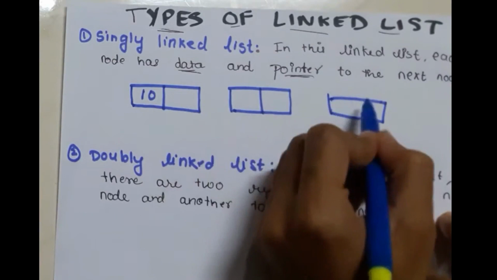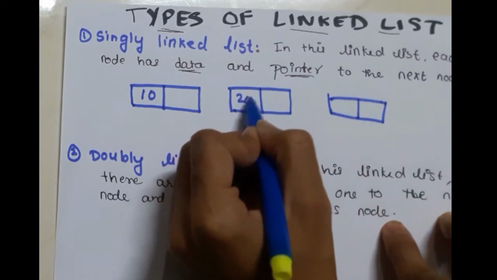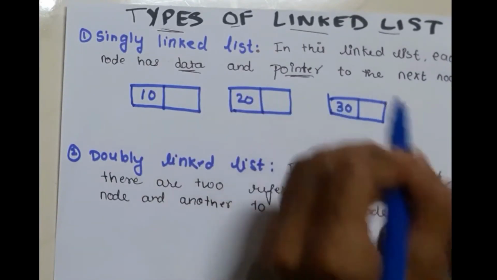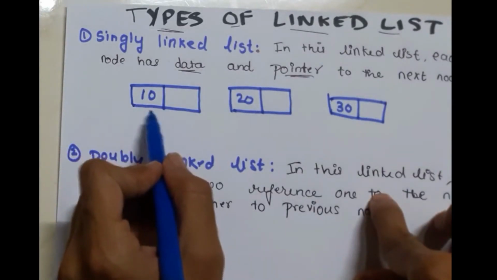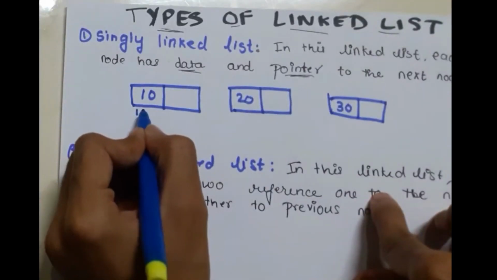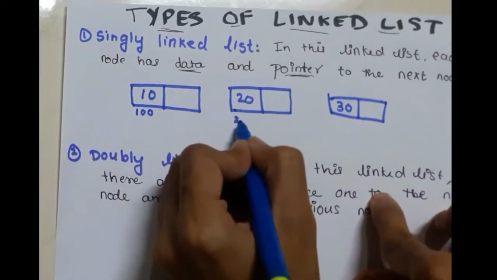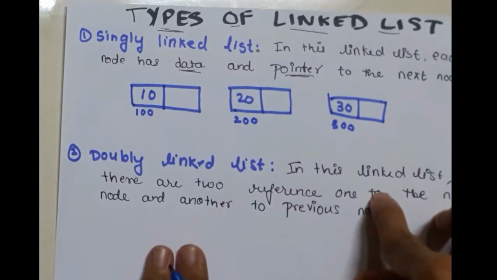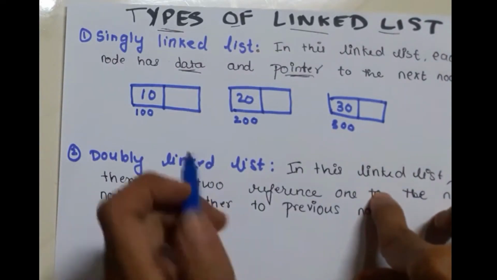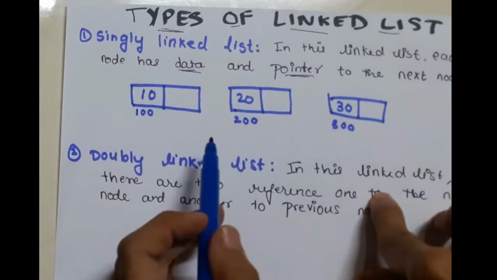We insert data in these nodes. Okay, now the address of each node. Suppose the address of this node is 100, 200 and 300. Okay, now we will see how the link will be created.